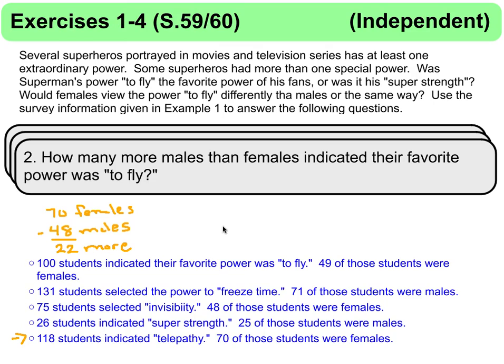In number 2, how many more males than females indicated their favorite superhero power was to fly? So we look at the superhero power to fly, which is right here. 100 students indicate their favorite power is to fly. 49 of those students were females. So how many more males than females indicated their favorite superhero power was to fly? 49 were females.